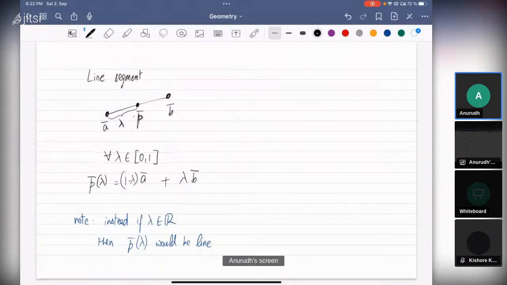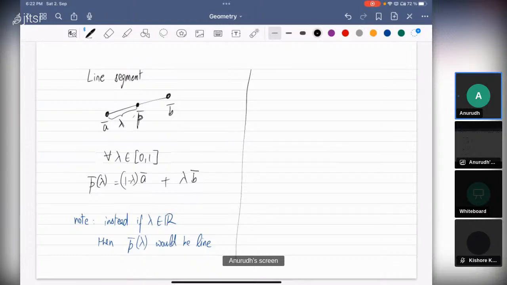Sorry, lambda to be maybe less than one in this case, because I think I messed up what I chose my lambda to be. So you can in general parameterize arbitrary variants of lines using a linear form like this.